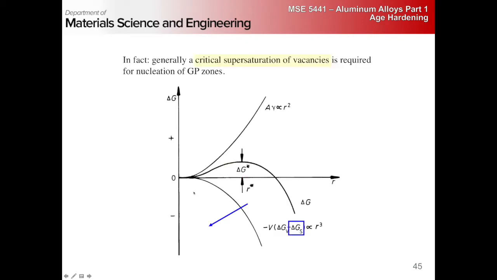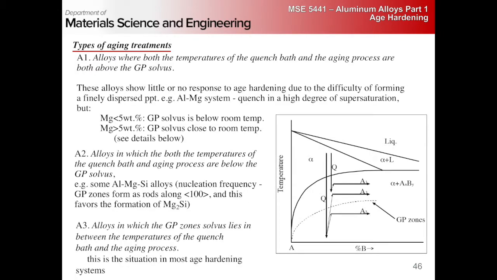And this allows us to nucleate a very fine scale of GP zones, and in this particular alloy, they form as rods along the 100 axis, and then they serve as heterogeneous nucleation sites for theta prime, theta double prime, theta prime in the equilibrium phase.